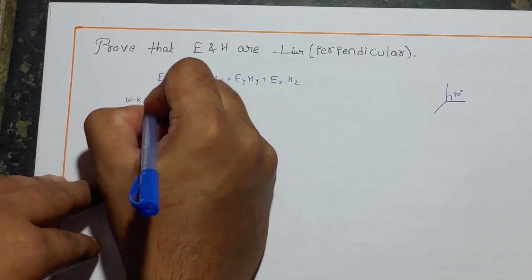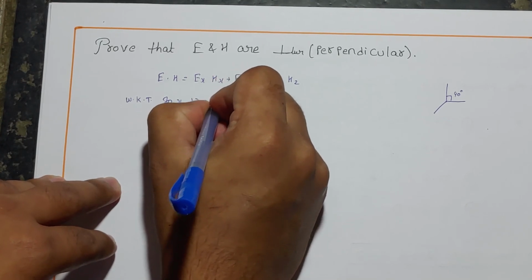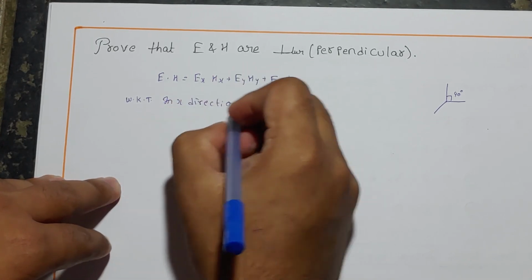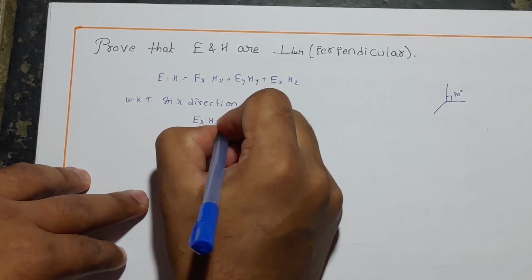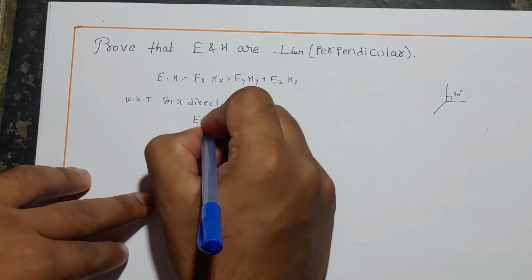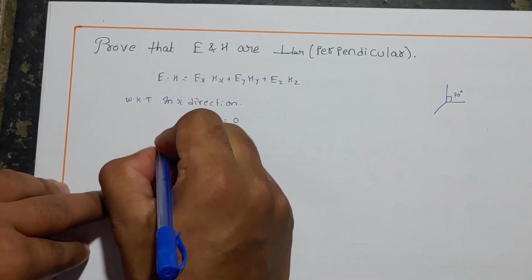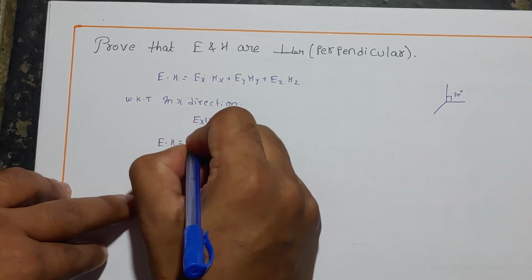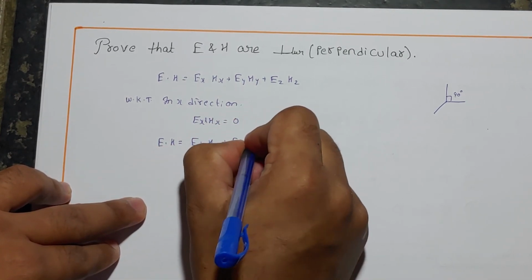We know that a charge traveling in x direction would have Ex and Hx equal to 0. So this term would be equal to 0. So E dot H is equal to Ey Hy plus Ez Hz.